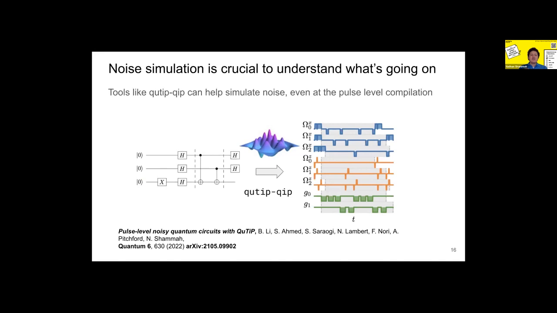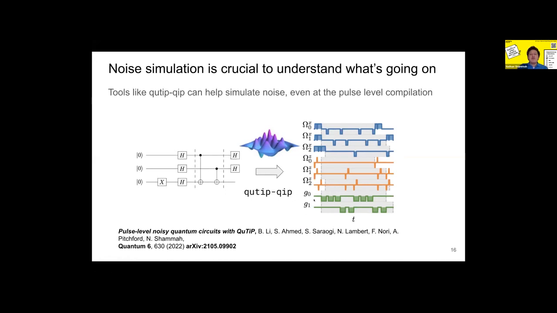And the only thing I just want to mention here, and if you want to know more, there's more information in this publication. This quantum circuit level model can very easily be translated into a pulse level noisy quantum circuit model with QuTiP.